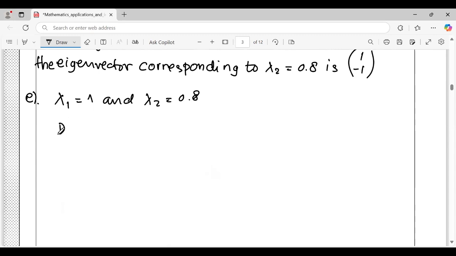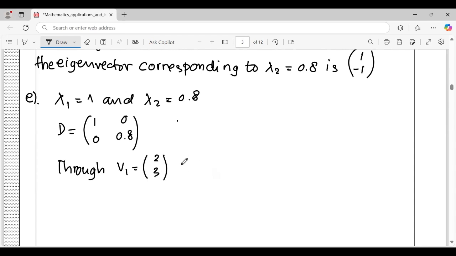So matrix D is 1, because it is the first lambda, and the second lambda 0.8. The off-diagonal entries are 0, 0. Through phi1, I'm writing here. So now we gain this result, the eigenvector.